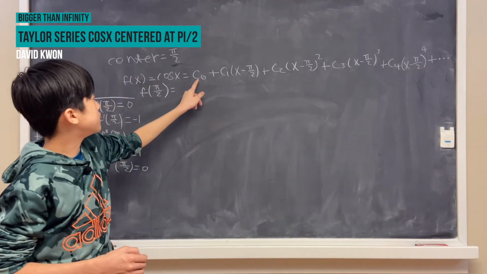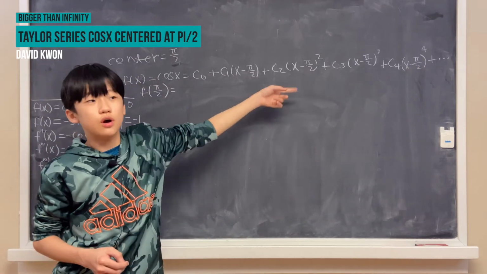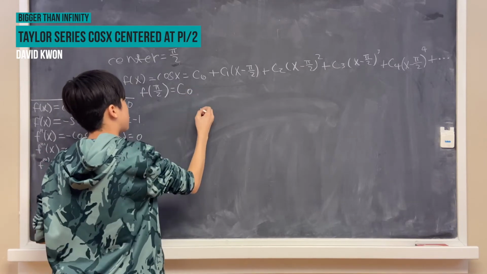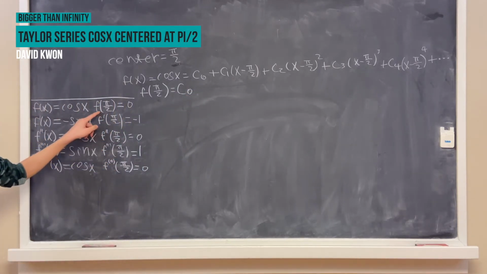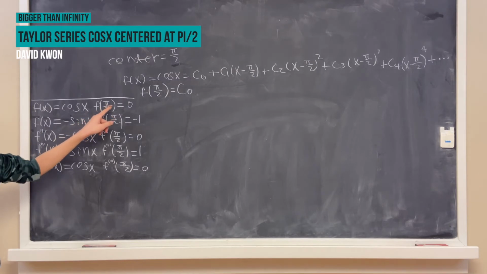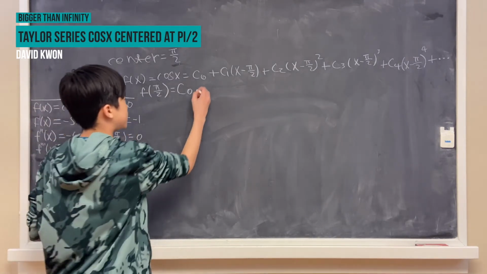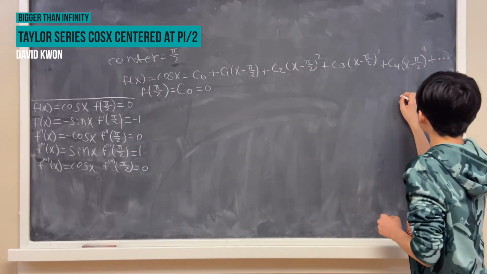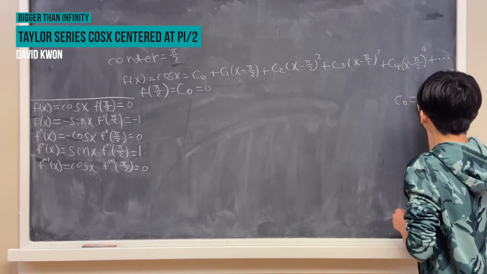After the c sub 0, it all cancels out, so we are only left with c sub 0. But from right here it says that f(pi over 2) is equal to 0, so our c sub 0 is equal to 0.